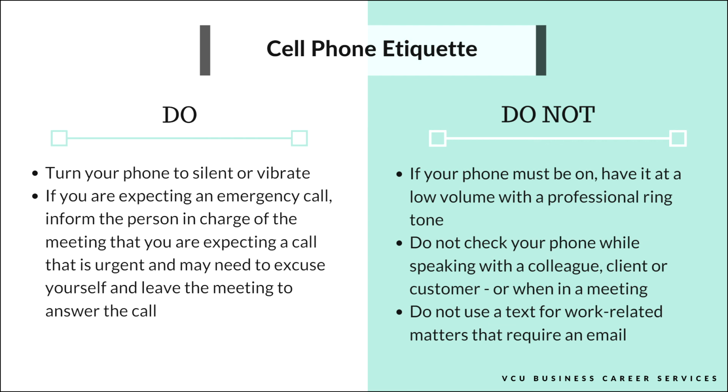Do not have your cell phone on with the ringer on at a low volume. Do not check your phone while speaking with a colleague, client, or customer or when in a meeting. All right? Do not text for work. Do not use a text for work-related matters that require an email. So we don't want to be texting, then emailing, then texting, then emailing with work information.